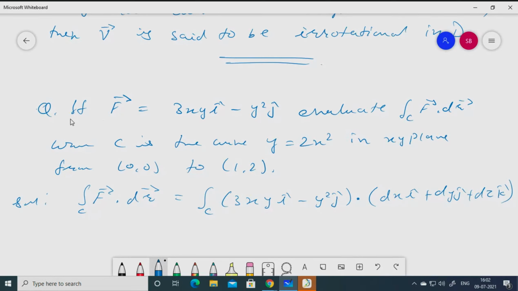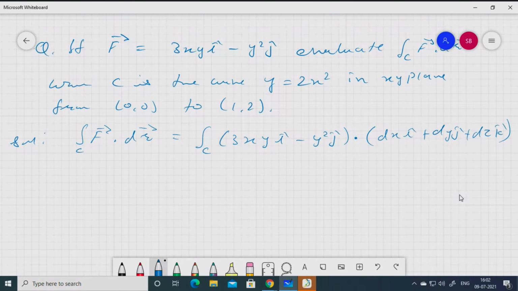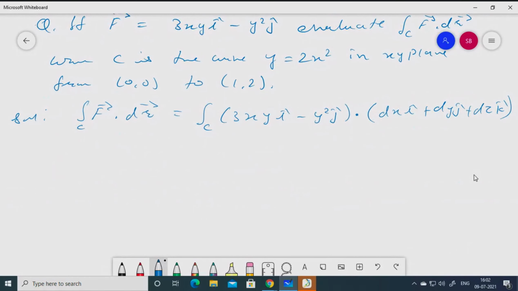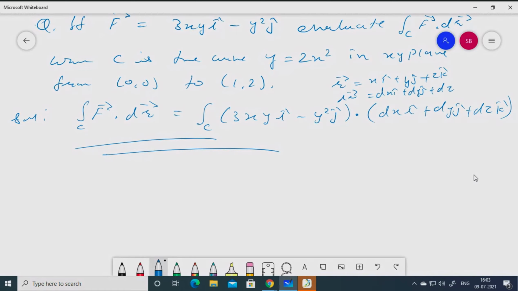Now here you will mention, since the integration is performed in the xy plane, z will be equal to 0. Before writing this statement, you mention that r is equal to x i plus y j plus z k, so dr bar is equal to dx i plus dy j plus dz k.